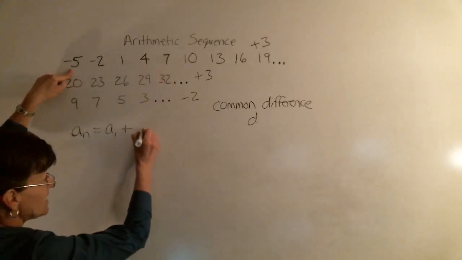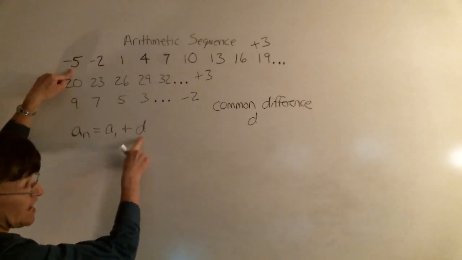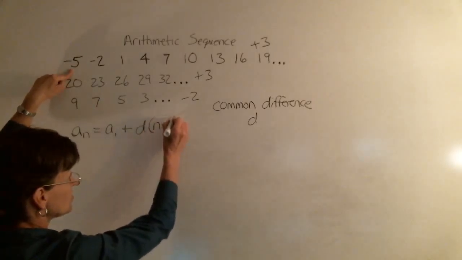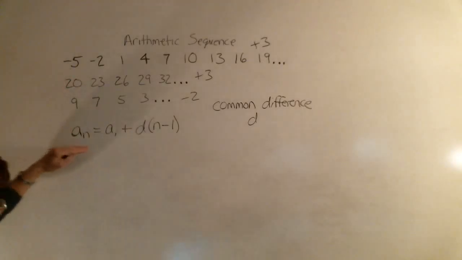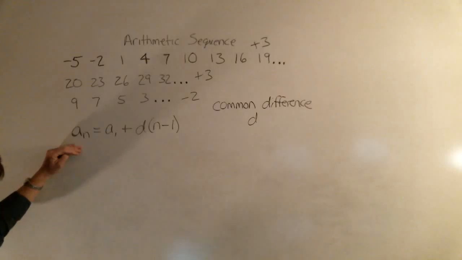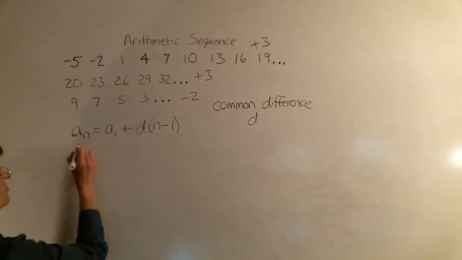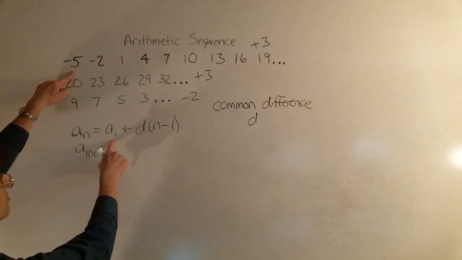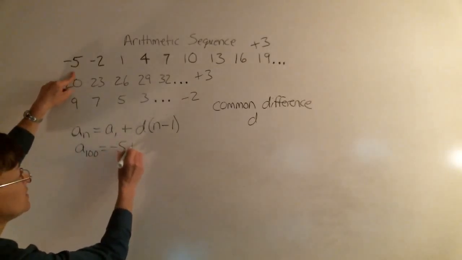So we're going to add to our first term the common difference D, n minus 1 times. And this is the pattern for the nth term in an arithmetic sequence. So if we wanted to find, for example, a 100, then I start with my first term, which is negative 5.